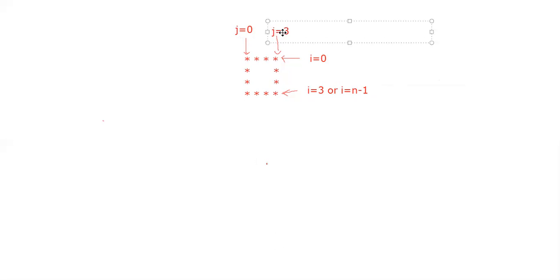Now, how to print this pattern? To print this pattern, we have to do this thing. The initial part will be the same. You have to take an input, you have to declare your main method, you have to declare your class, all these things remain the same. So I will not go into that much detail. I will just declare the main method, you declare the class yourself. It will be public static void main string args.